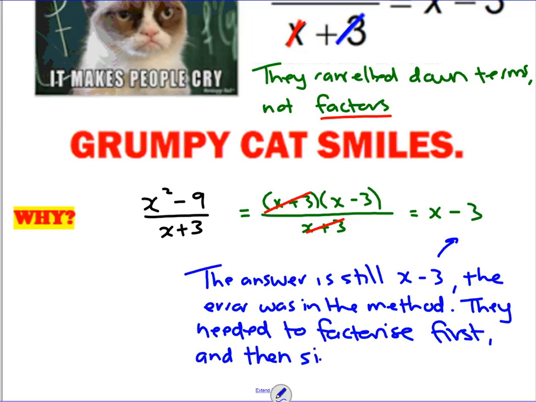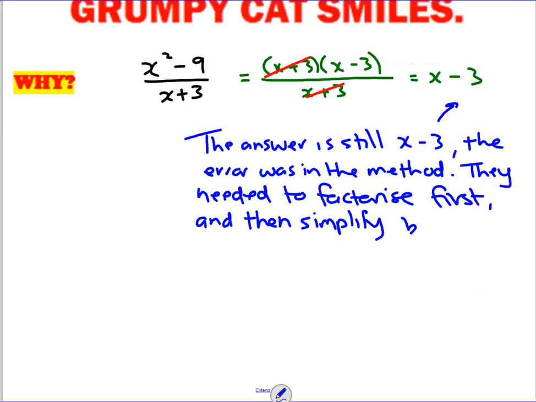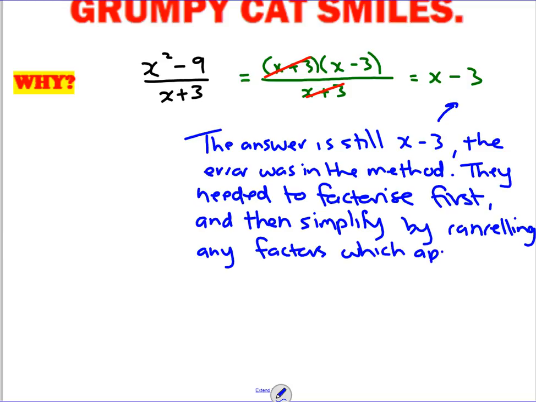So simplify by cancelling any factors which appear in both the numerator and denominator.